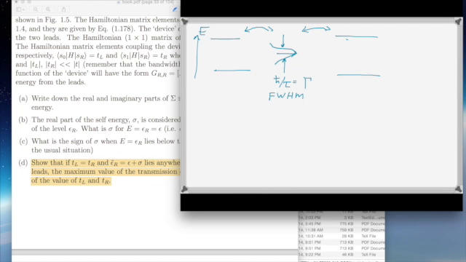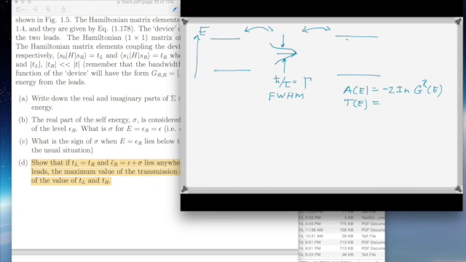And so if you were to plot the spectral function, A of E, of this resonant level, -2 imaginary G, it would look like this Lorentzian, and it's also your transmission coefficient.